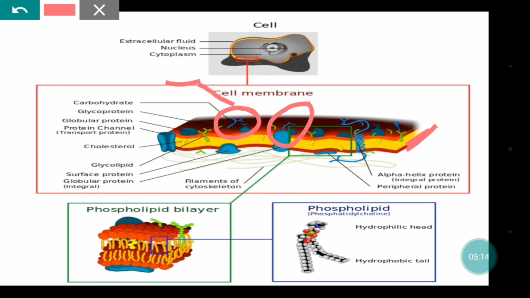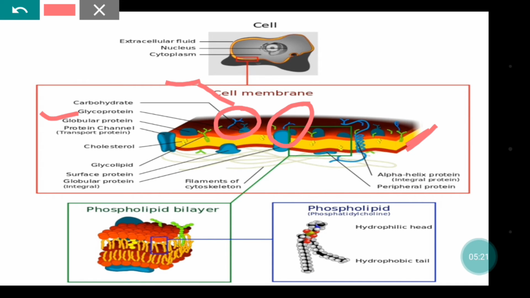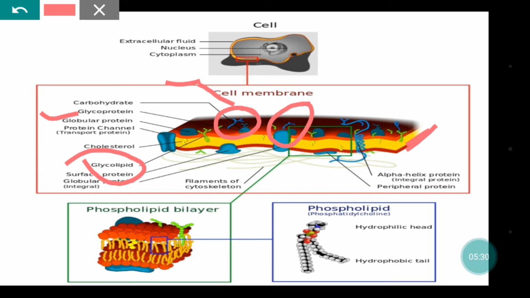If it is associated with the protein, it is called glycoprotein, and if it is associated or linked with the lipid, then it is called glycolipid.